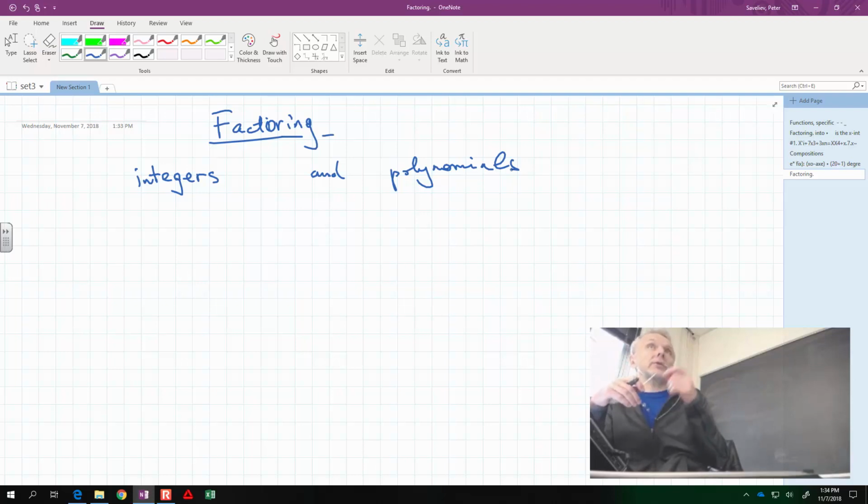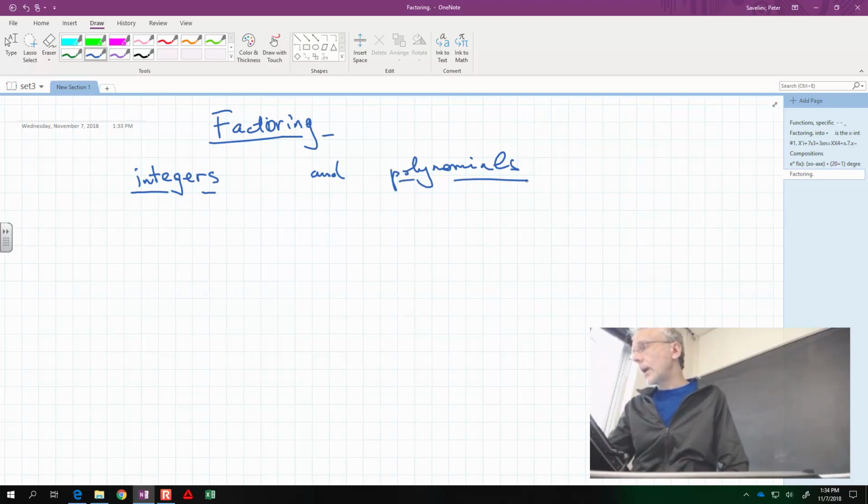So integer numbers: 1, 2, 3, 4, negative 2, negative numbers as well, and 0. And so not real numbers we have been dealing with for so long. But the analogy applies only to integers. What's the similarity? Well, let's start with some basic things about integers, and that is: what is a prime number?